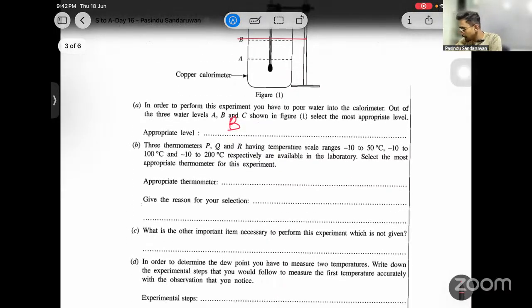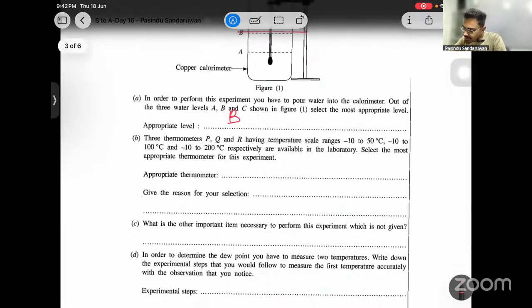B. 3 thermometers P, Q and R having temperature scale ranges -10 to 50, -10 to 100, and -10 to 200 respectively are available in the laboratory. Select the most appropriate thermometer for the experiment. So what we are going to measure in the experiment are only 2 temperatures: when dew forming starts, or when depositing dew starts, and when dew disappears.